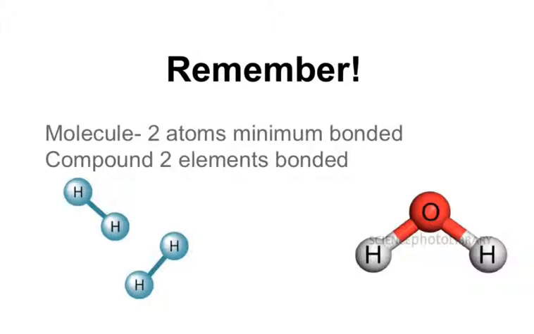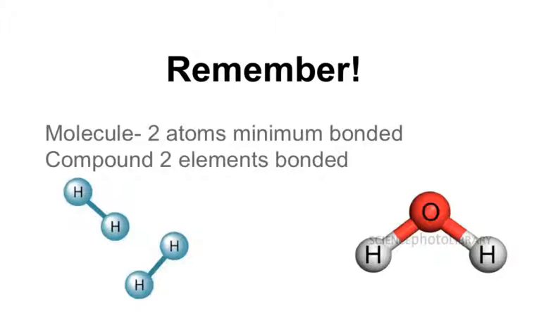Now let's take a look at this molecule of water. Here I have one atom of hydrogen, here I have an atom of oxygen, here I have an atom of hydrogen. Now how many different elements do I have here? Well, first of all, here and here, those are atoms of hydrogen.